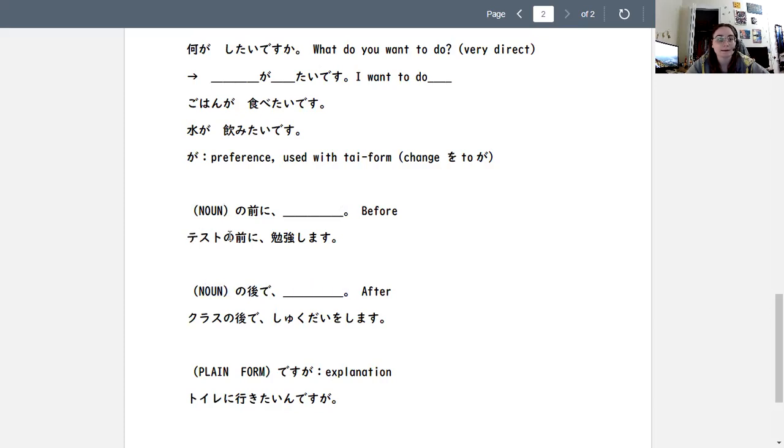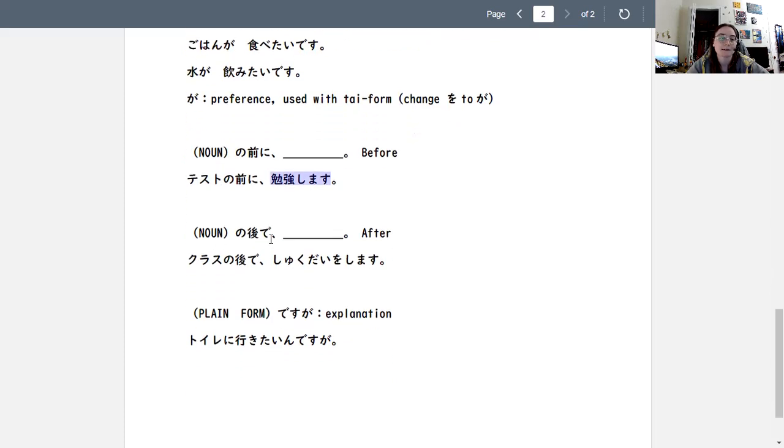So the example is テストの前に勉強します. So before you take your test, you study. And then this example down here is クラスの後で宿題をします. So 宿題 is homework. So after class, you do your homework.